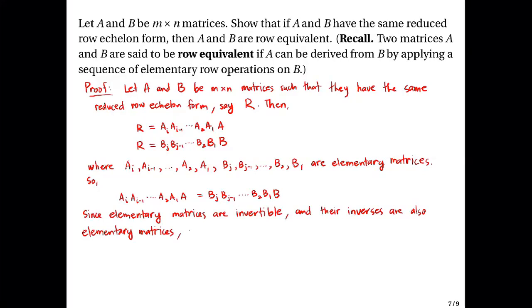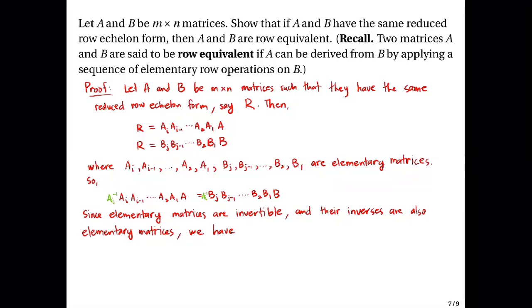So I'll multiply A sub i inverse in here, and A sub i inverse will cancel A sub i and become the identity matrix.